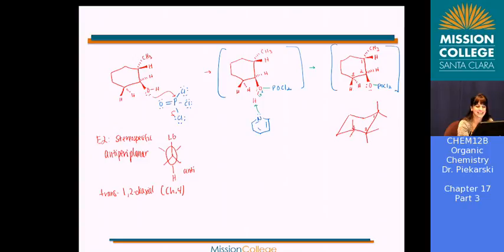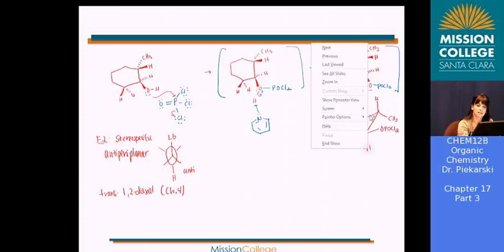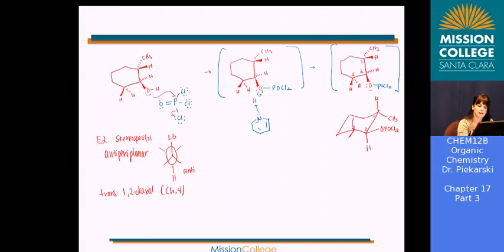Make sure my bond angles are good. So in this case, is the methyl group on the top face or bottom face? It's on the bottom face. Good. Is the OPOCl2 on the bottom face or top face? It's on the top face. Good. And the hydrogen's on the bottom face. And then we have hydrogens here and here.